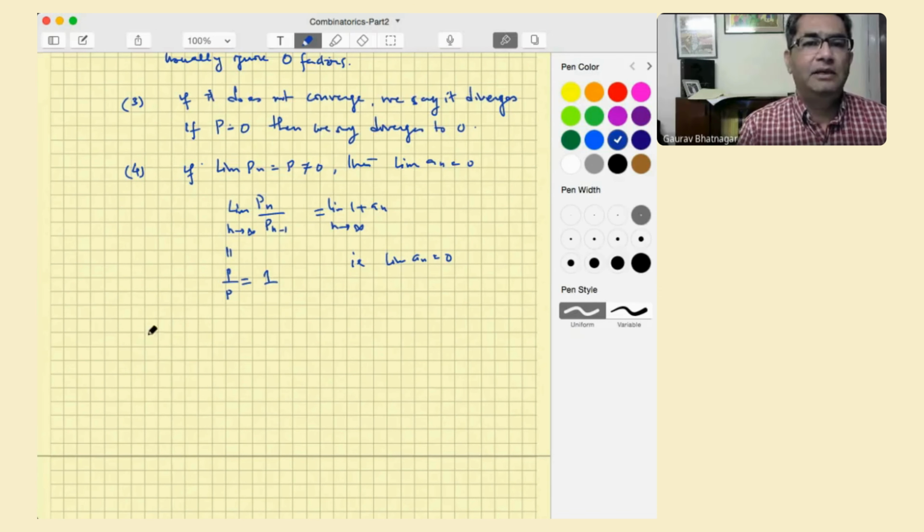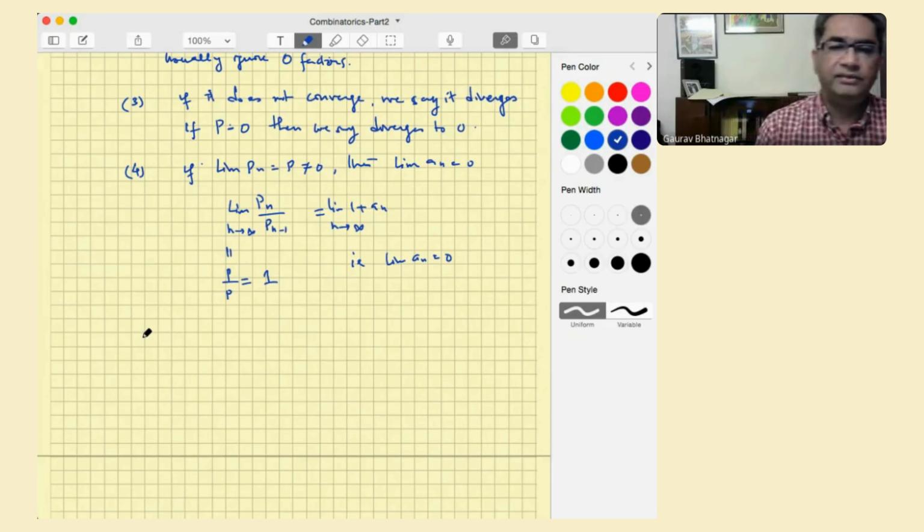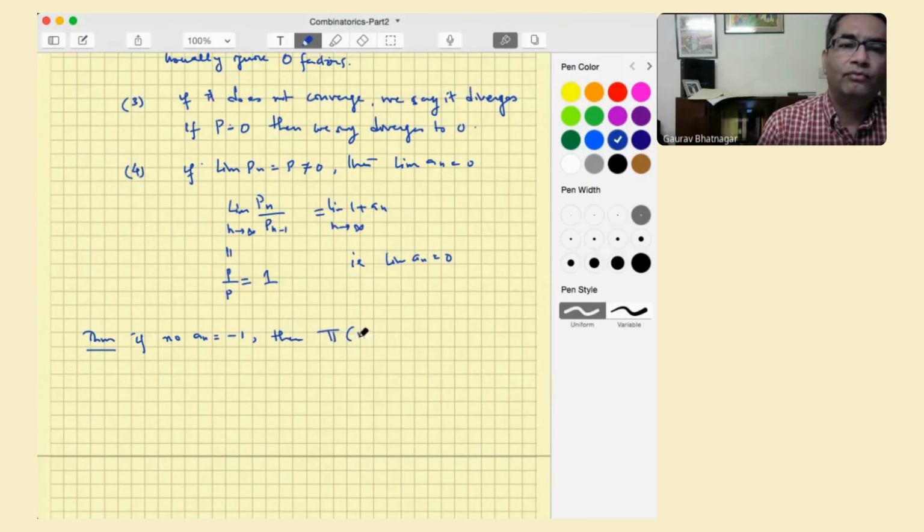So it's similar to your necessary condition for series convergence. So theorem: if no an is equal to minus 1, then the product of 1 plus ak and the summation of log 1 plus ak converge and diverge together.